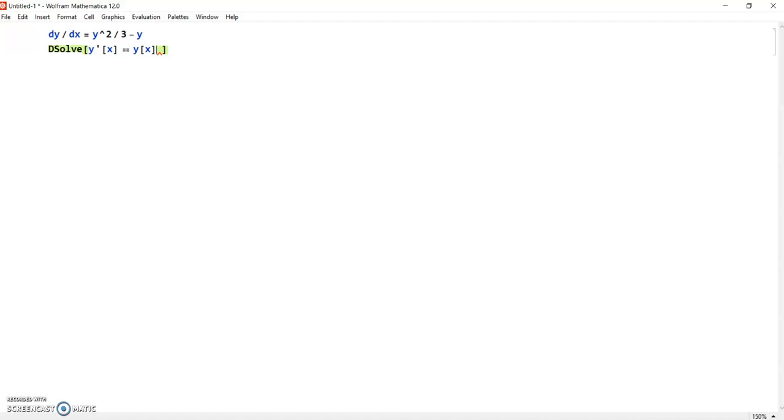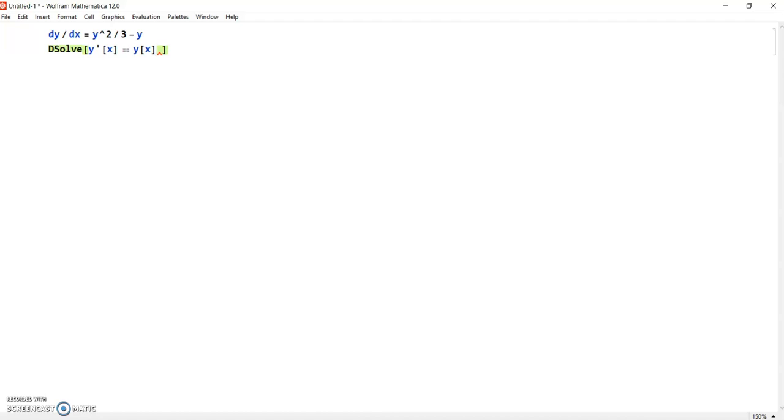Another way is to use the superscript way.